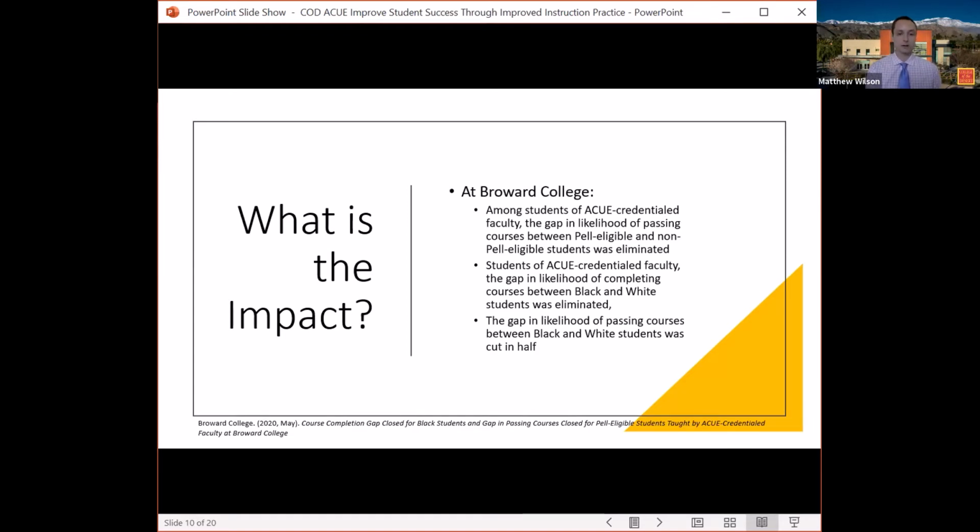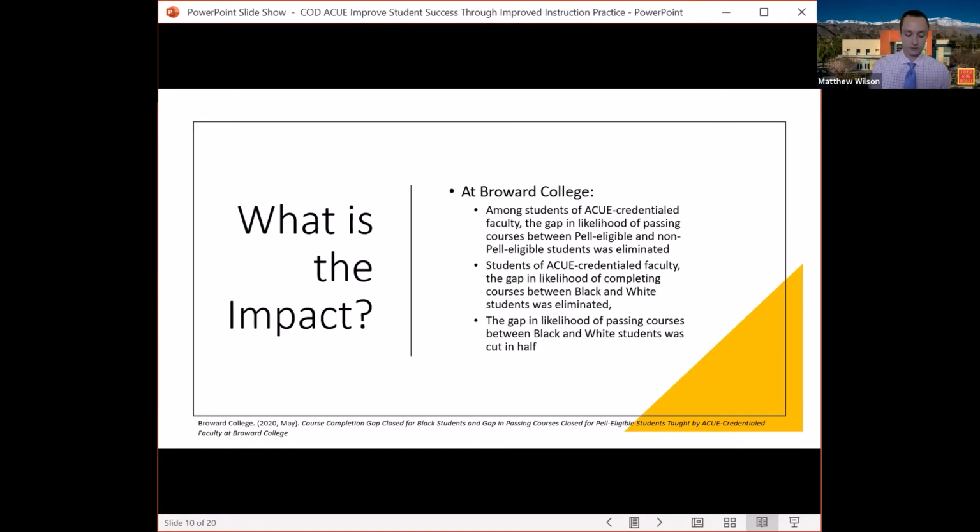So looking at Broward College, they did a more specific look at success amongst some of their special populations. They did a study looking at their Pell eligible students as well as their African American Black students, and wanted to see how they responded to instruction done by faculty that had the ACUE class.